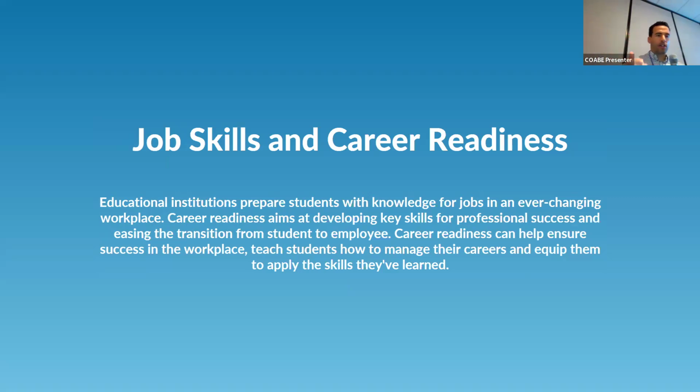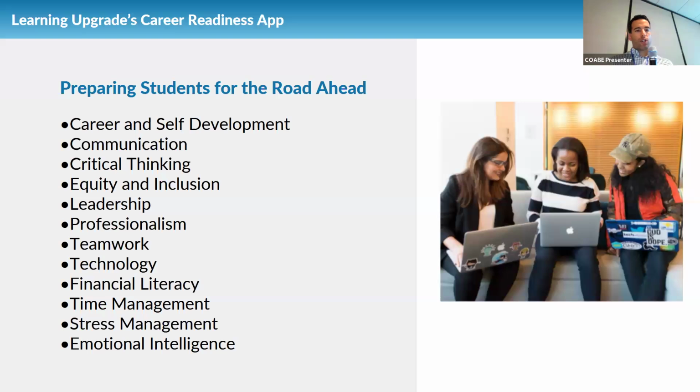But what they were telling us is there needs to be some transition courses that our app can provide that will assist them in that, optimize their chances of not just getting a job, but keeping a job, making sure that they're familiar with a lot of the soft skills and a lot of the little things, especially in digital literacy, that optimize their chance of getting ready. So, this career readiness can help ensure success in the workplace. It also teaches students how to manage their careers and equip them to apply the skills that they have learned at your programs.